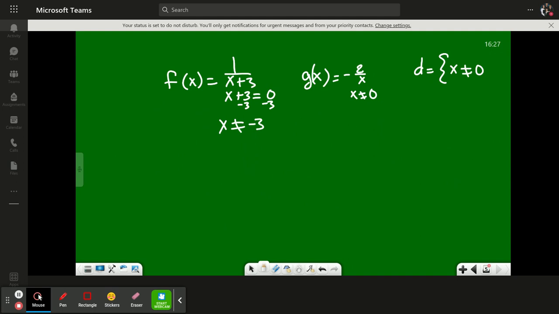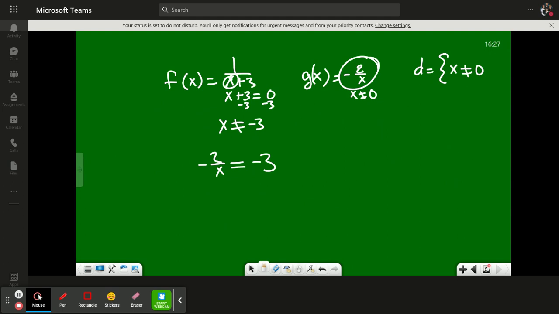So this whole equation is going in for that x. So if that x cannot equal negative 3, then this equation cannot equal negative 3. So I have to say negative 2 over x equal to negative 3. So I got to find out what number would create that negative 3 in this spot right here.